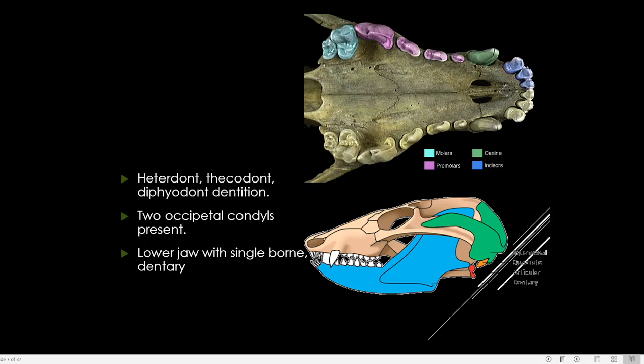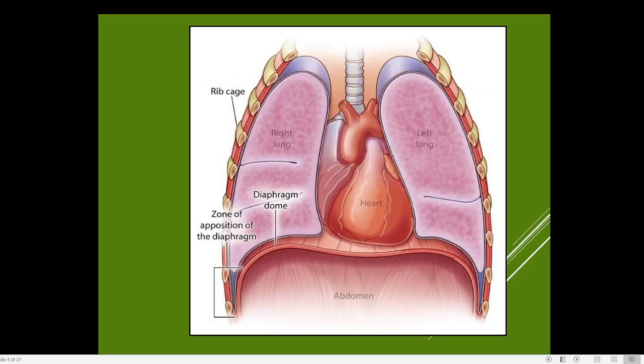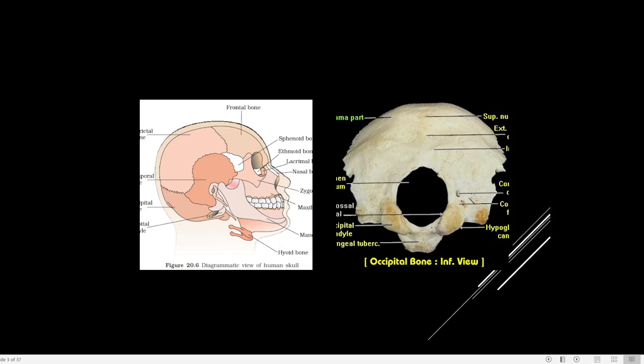Then we can see that there are two occipital condyles. Occipital condyles means, here you can see this is the occiput. The brain is actually here. If you imagine this is the brain, the brain is supported like this. The brain is supported at two regions.